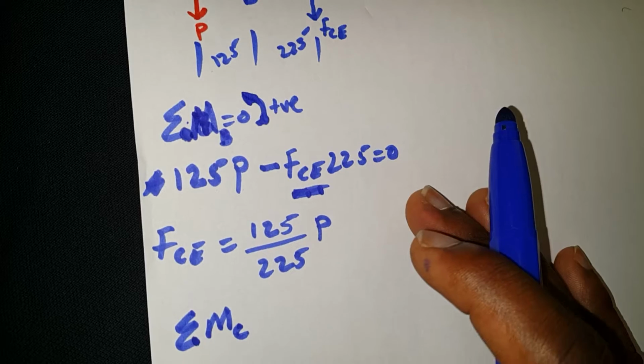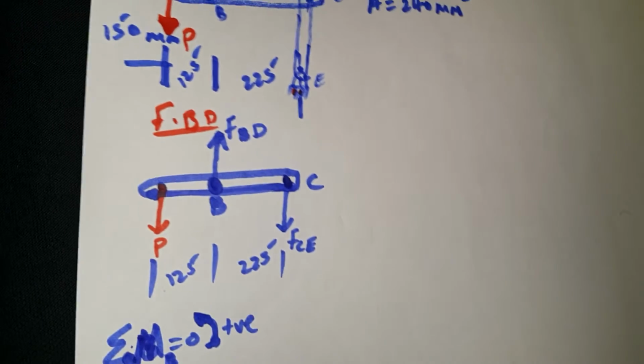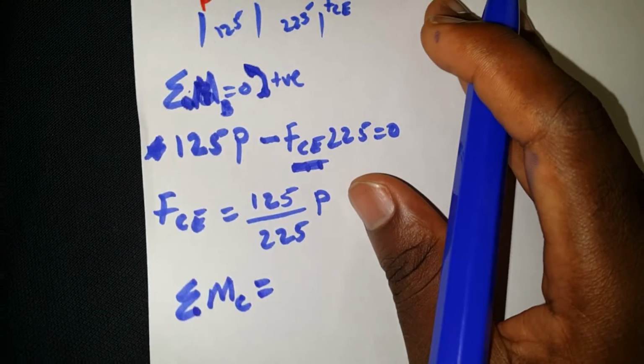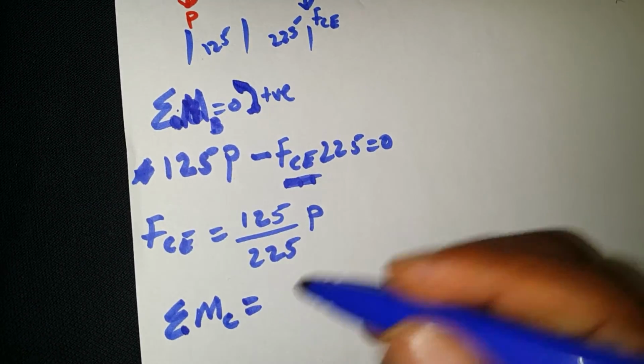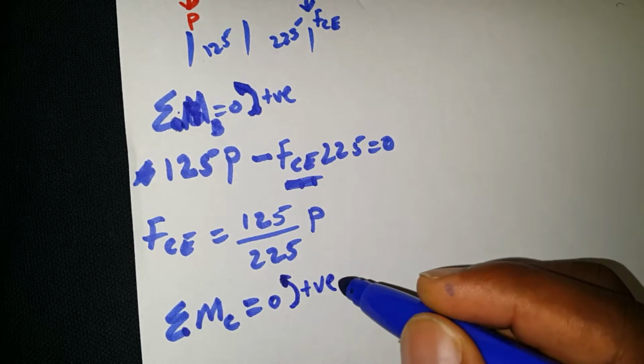So summation of moment at C is equals to, you look at this place, it's equals to 0 go to positive.